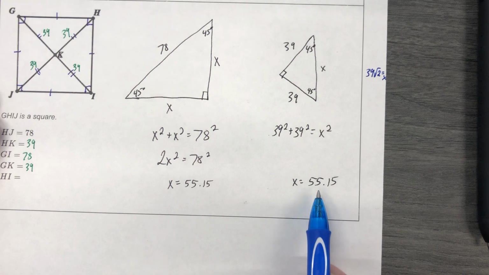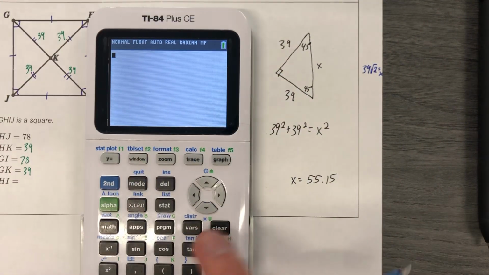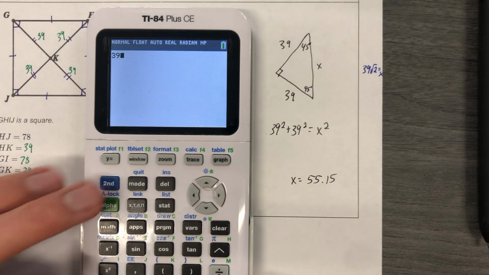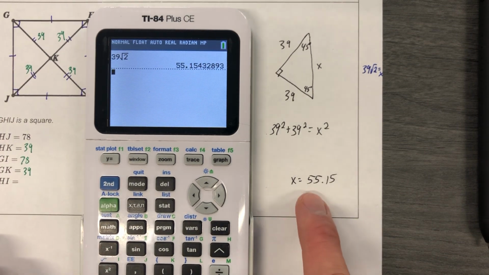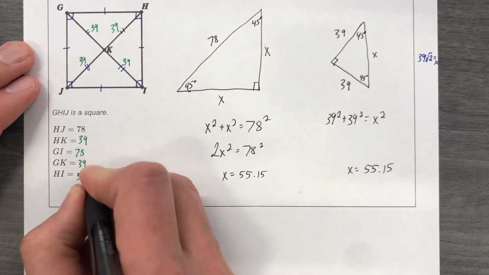So this is 39 times the square root of 2. It's a beautiful thing, it works out. I'd love to show you, but that's not the point of this particular problem. But just for demonstration, see, told you so. So let's write the answer down. We'll be done. 55.15.